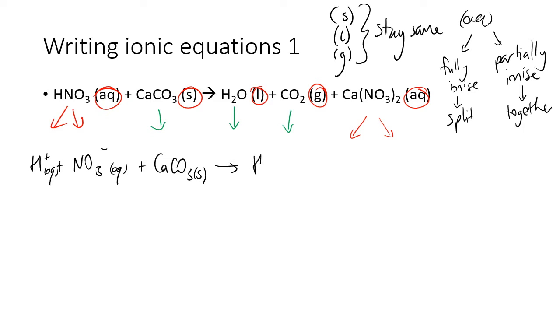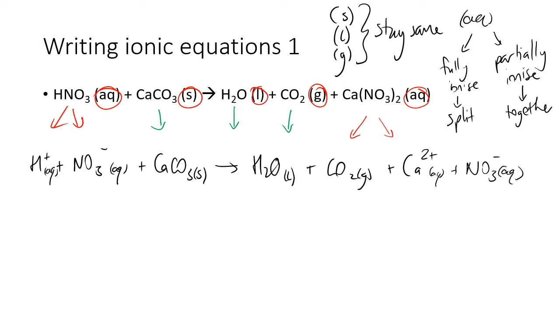Now we go to our products: plus H2O, plus CO2 gas, plus Ca(NO3)2, no brackets, because these are now ions, we're going to split them apart. This is Ca2 plus, aqueous, plus NO3 1 minus, aqueous.